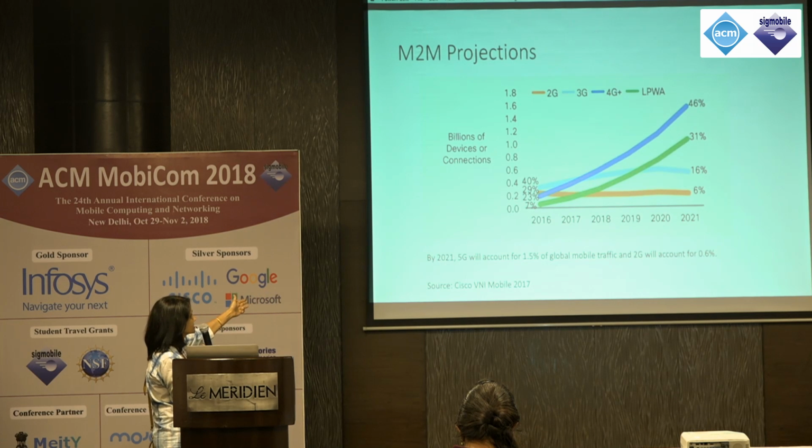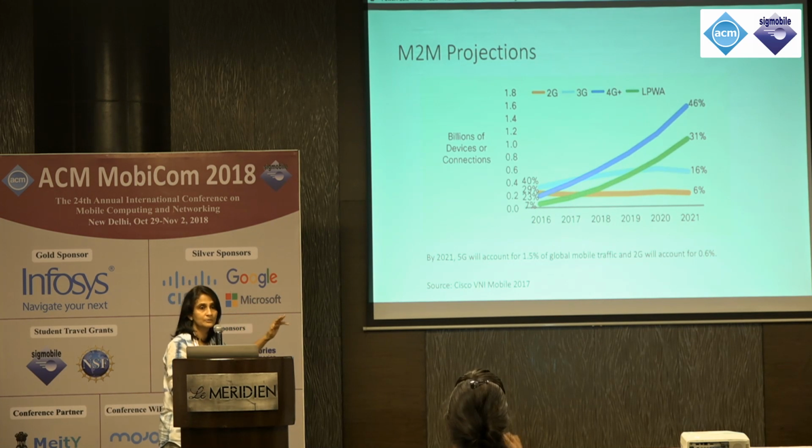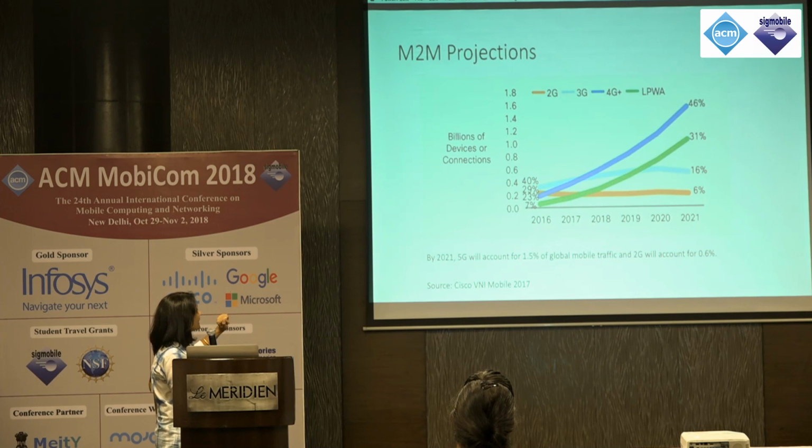Even though the high bandwidth data traffic is not going to die out, the M2M traffic is going to continue at a fairly steady pace all the way up to 2021 as your 4G and 4G plus traffic keeps up. The other interesting thing is to look at the green line. That is LPWA, low power wide area.